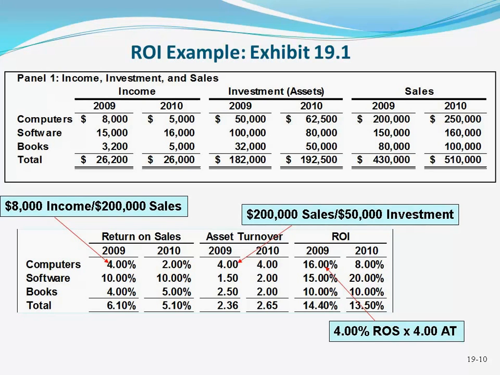Now you can calculate the 16% directly by invoking the direct return on investment formula, which is income, 8,000 for 2009 computers, divided by investment base of 50,000. 8,000 divided by 50,000 gives you 0.16 or 16%. And you can follow for every product and the total.